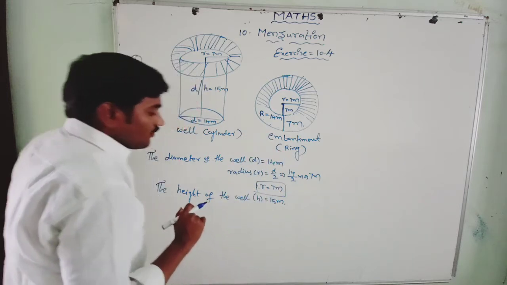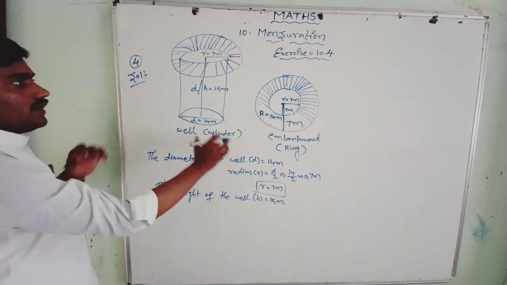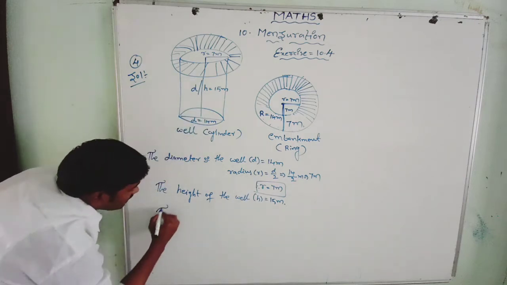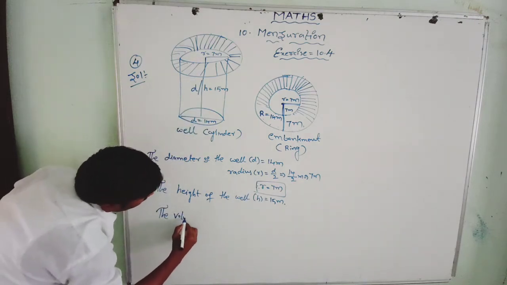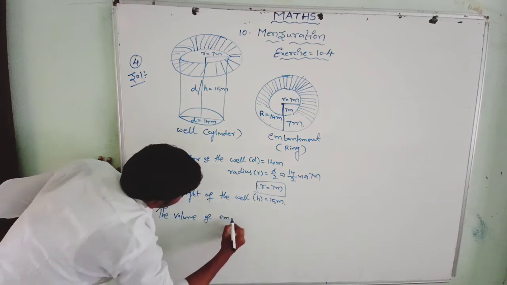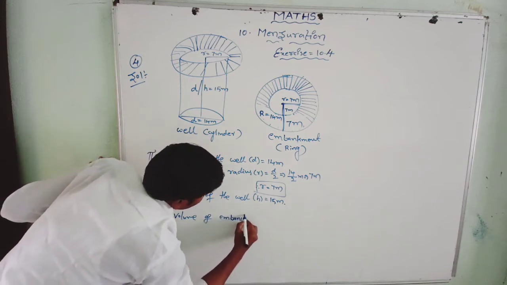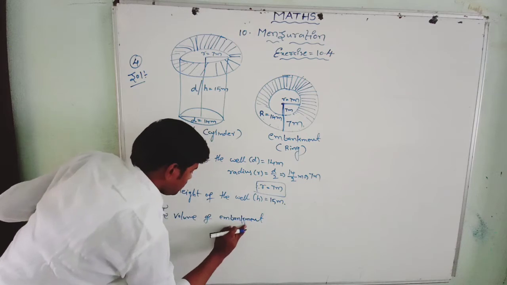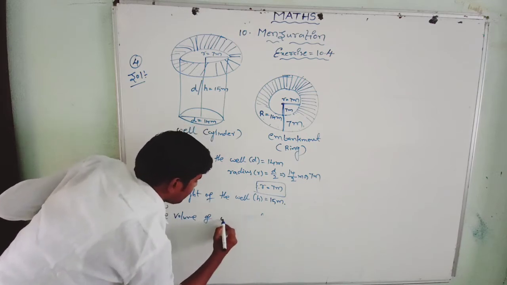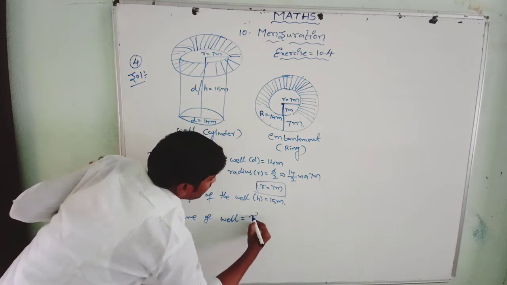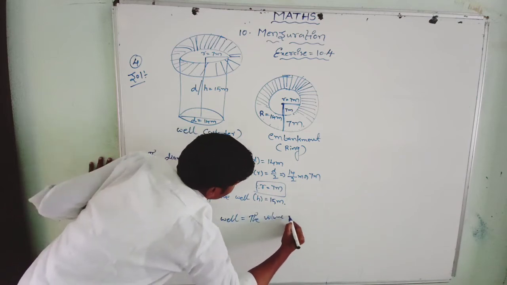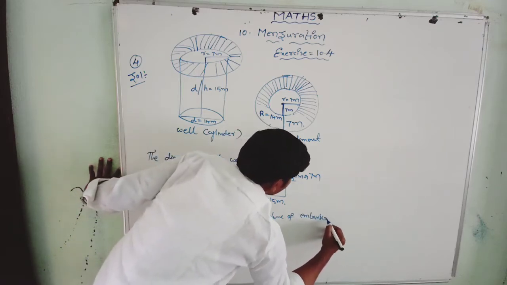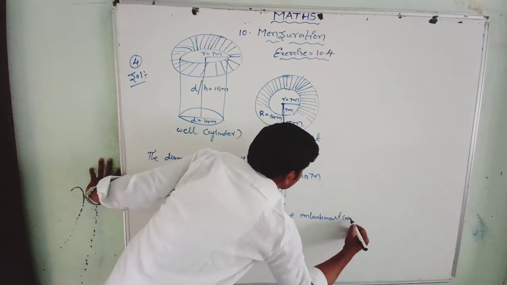Now first of all, let us find out the volume of the well, which is equal to the volume of the embankment, nothing but the volume of the ring.